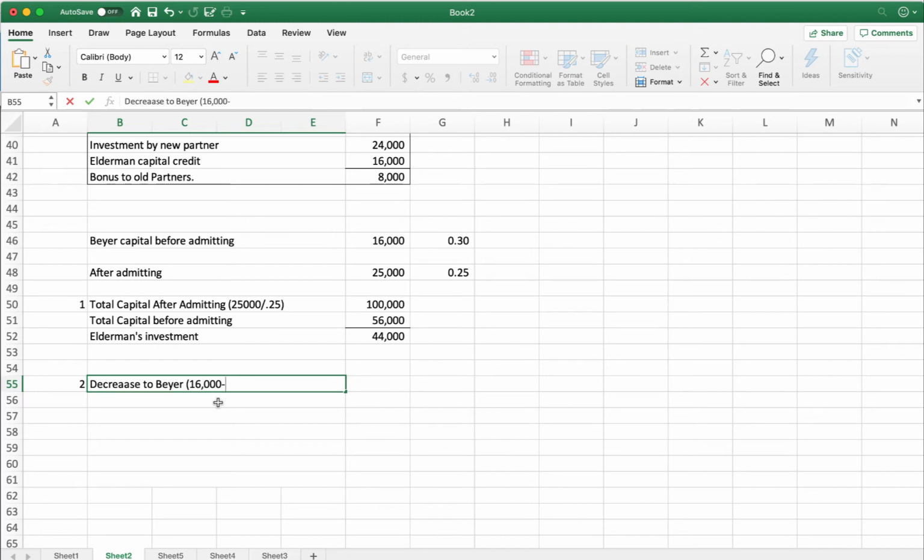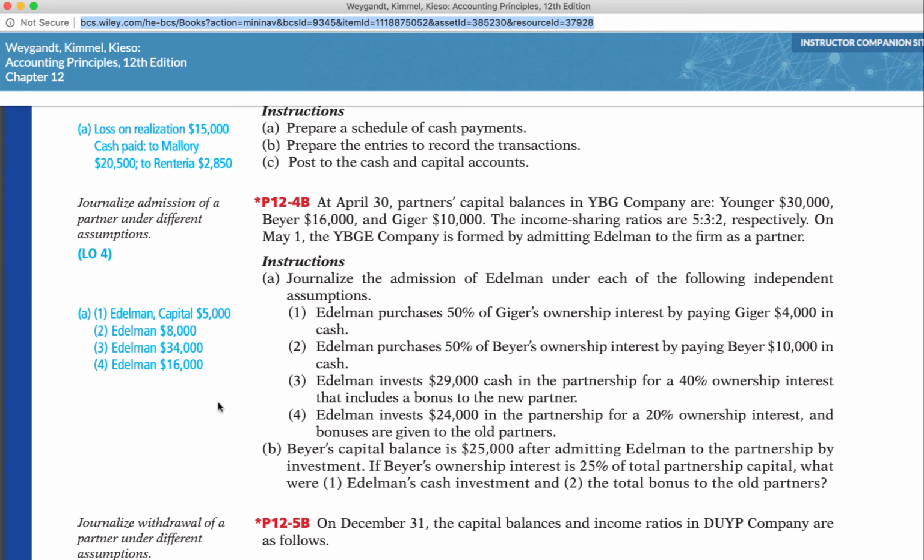So we'll take our $16,000 and subtract from it his current capital balance after admitting Elderman as a new partner. That's the $25,000 that we see right here.